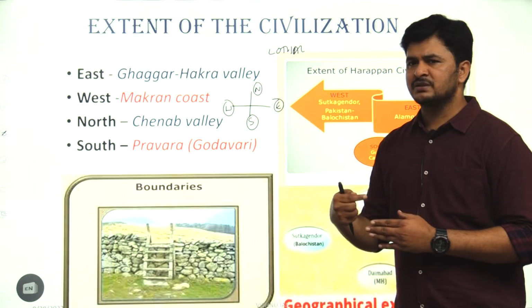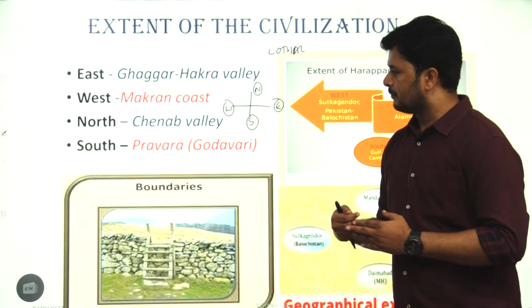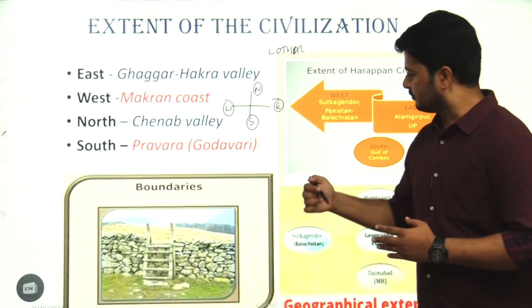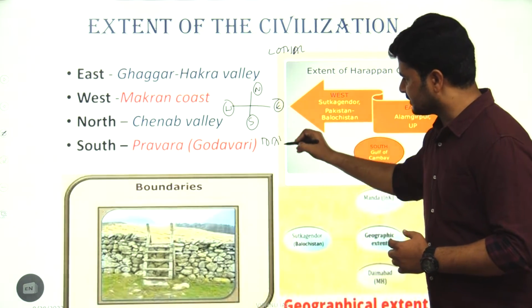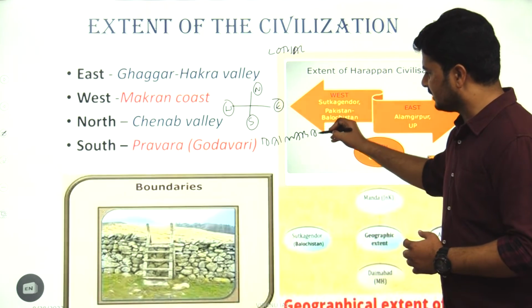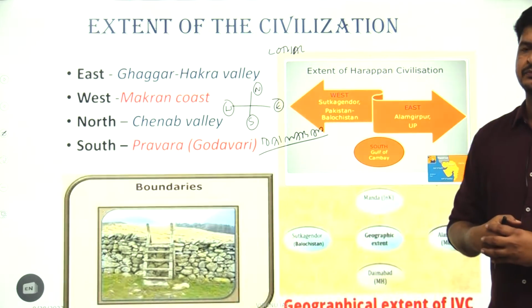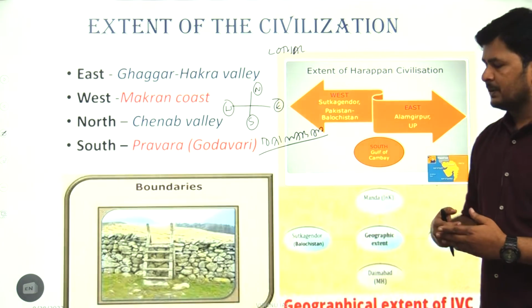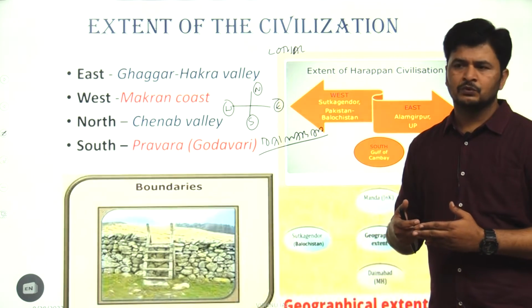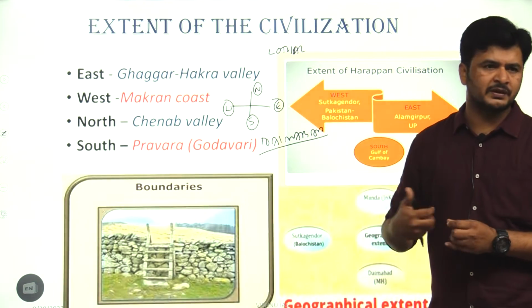And it was in 2009 that Daimabad was discovered, which is in Maharashtra, located on the banks of river Pravara, one of the tributaries of river Godavari.